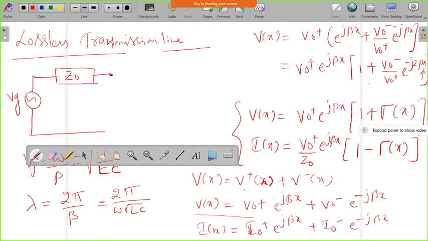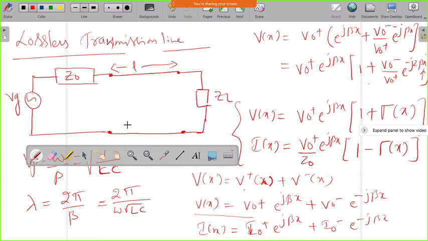This is the input end or source end, and we have the transmission line of length L, and the load end, which is ZL. As I said, the load is at x equal to 0, and since we are moving from load to source, the source is at x equal to minus L. This is the input side.